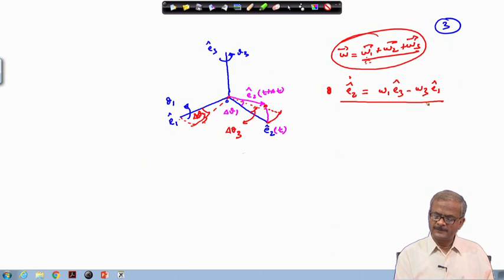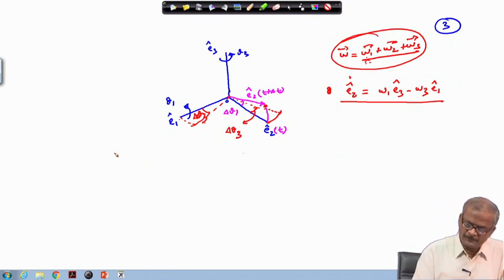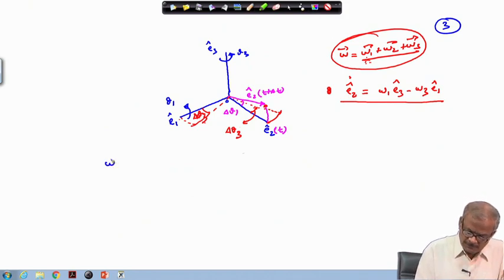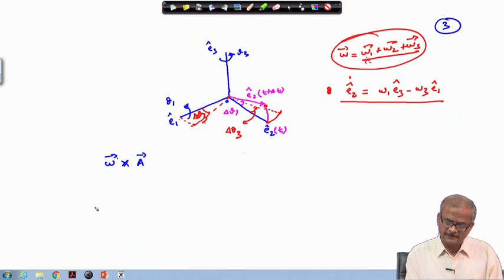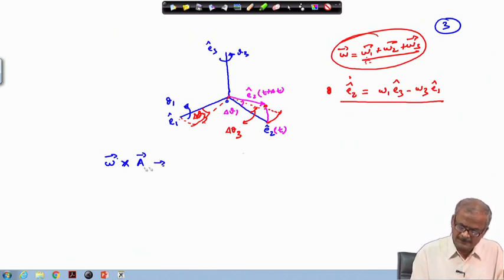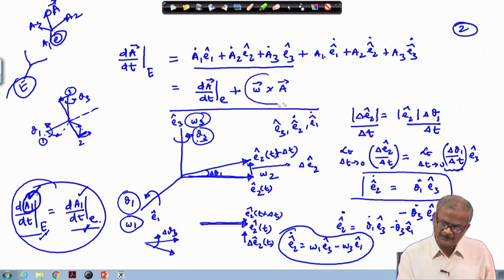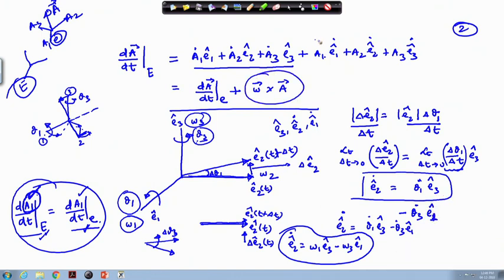The same way we can write for the other ones also. If you look into this equation, omega cross A, what we have written there. In that equation, go back again to this particular part, where we require E 1 dot, E 2 dot, E 3 dot.